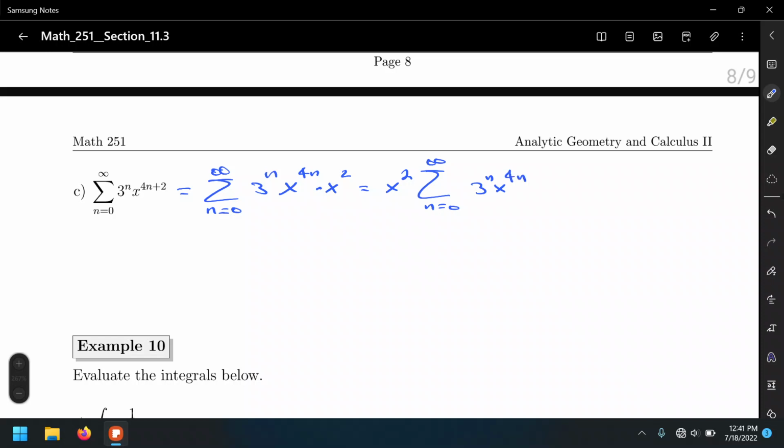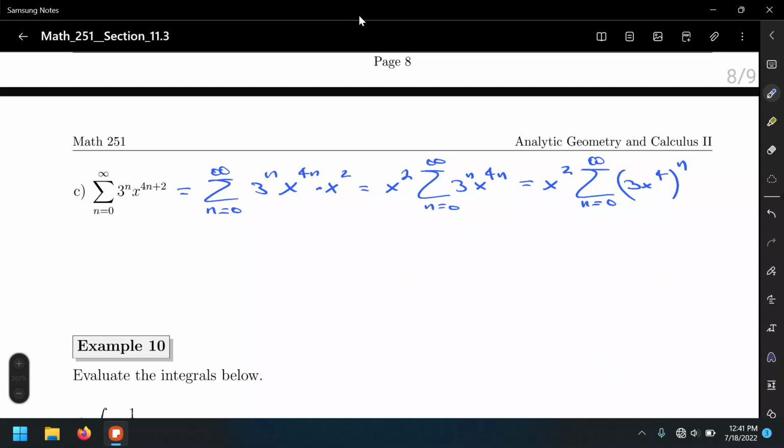Now, one thing that you might want to consider is notice how the power of n is common to both factors, the 3 and the 4th power of x. So I'm going to rewrite this as x squared times the sum from n equals 0 to infinity of (3x to the 4th power) to the n power.